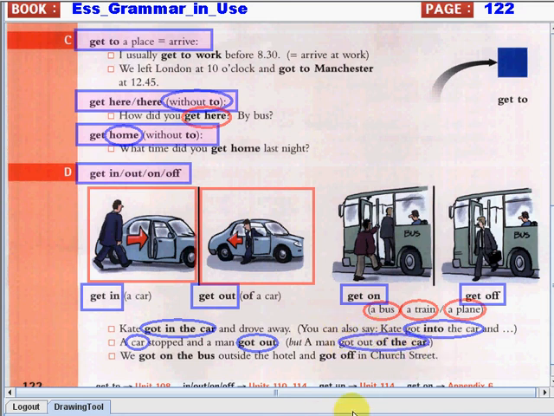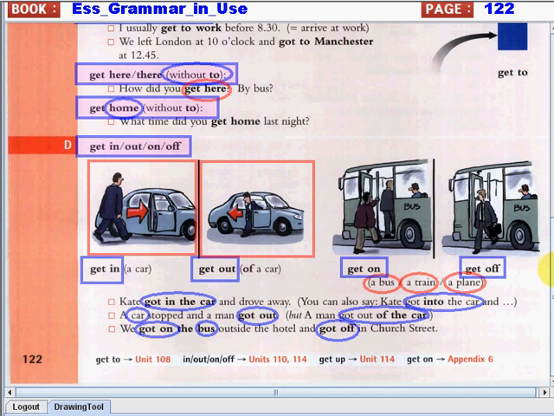Third example. We got on the bus outside the hotel and got off in Church Street. Since we're talking about a bus here, we use the words got on and got off. Okay? Very good.